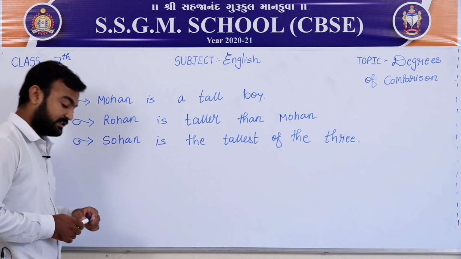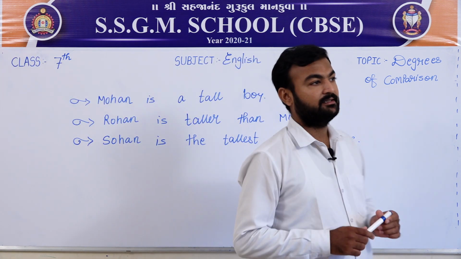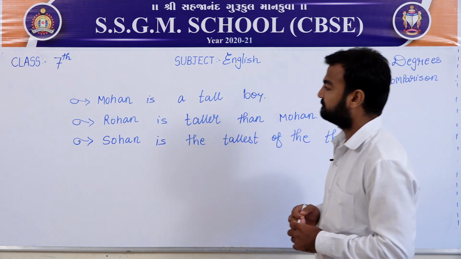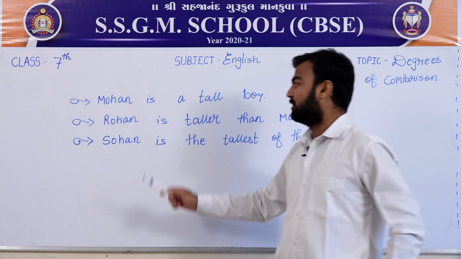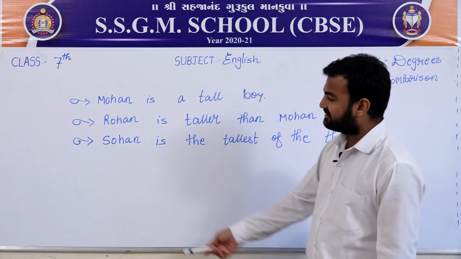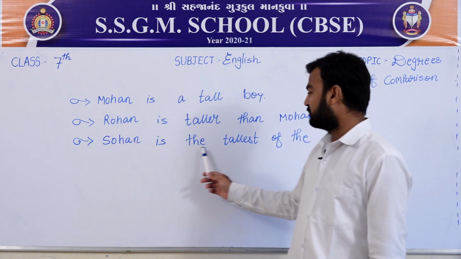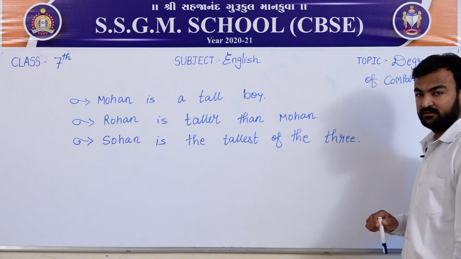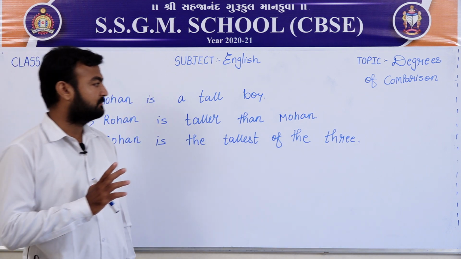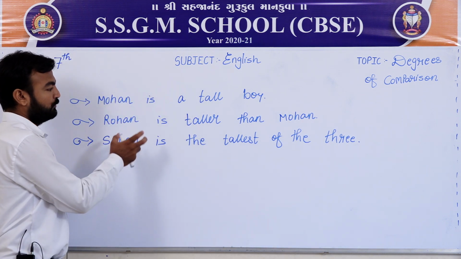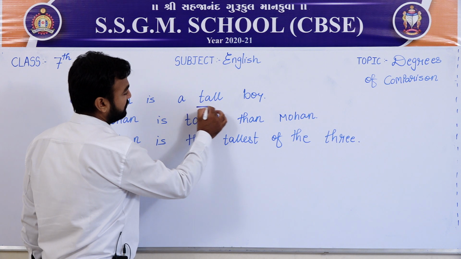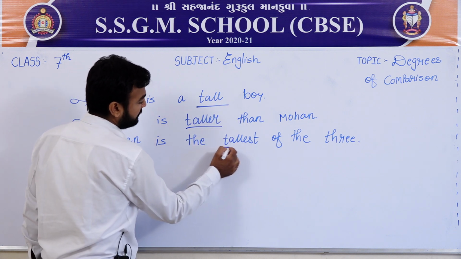Let me first read these sentences. Mohan is a tall boy. Sentence number 2, Rohan is taller than Mohan. Sentence number 3, Sohan is the tallest of the 3. Here we compared 3 persons with degrees: tall, taller and tallest.